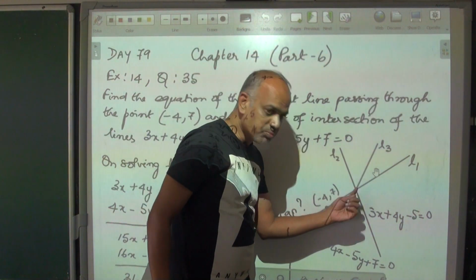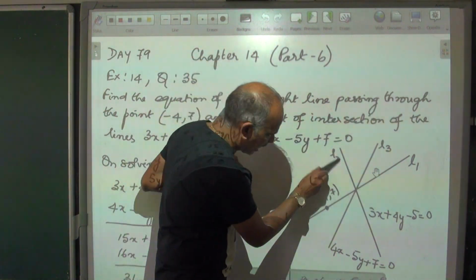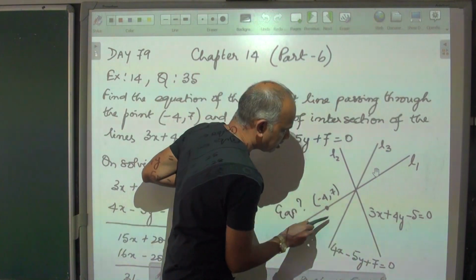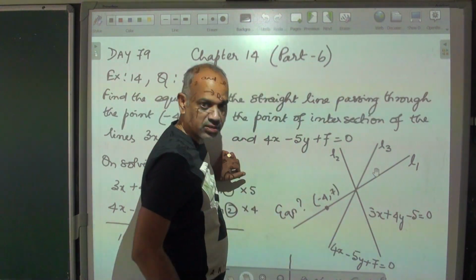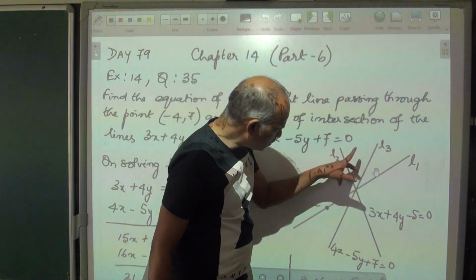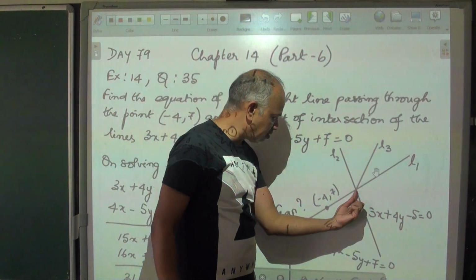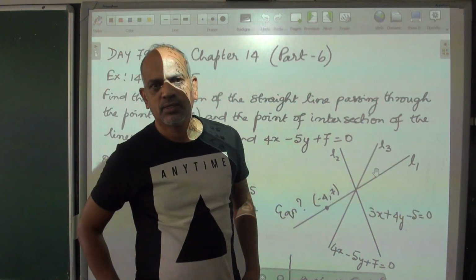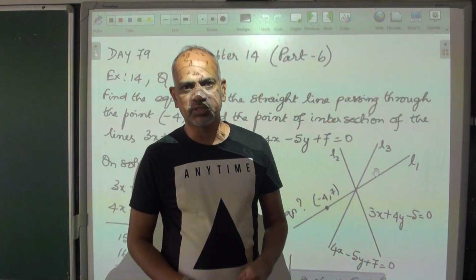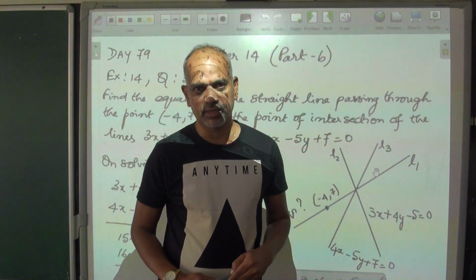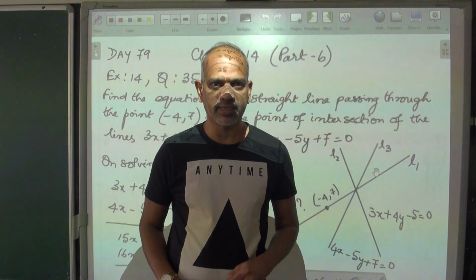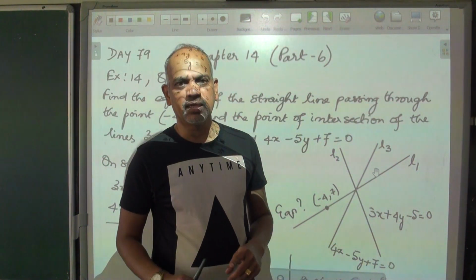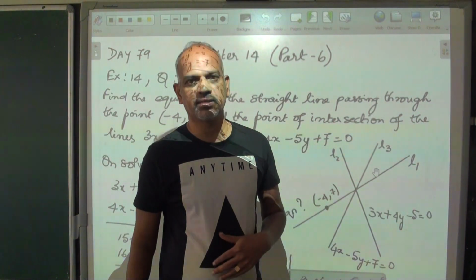So first you have to find this point. You know the equations of line 2 and line 3. If you know two lines' equations and you have to find the point of intersection, usually when we solve simultaneous equations, you will get the values of x and y. That x and y is actually the point where the two lines meet.